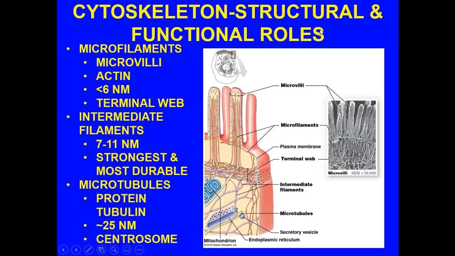Now, we have some extensions of the membrane that are unique and specialized. One example is using microfilaments, and here we're talking about the cytoskeleton. The cytoskeleton will be made up of one of three different types of skeletal structures. Think of it as like scaffolding.